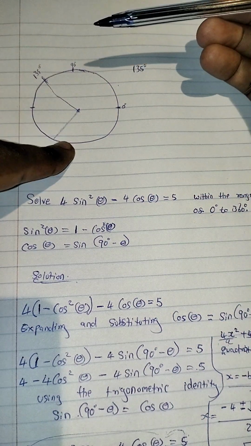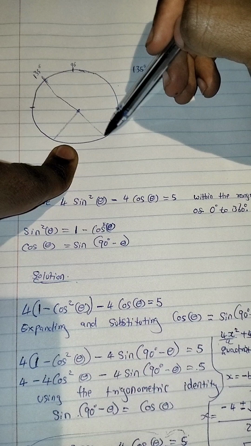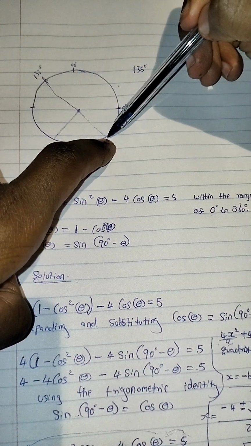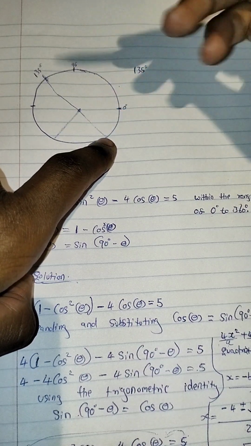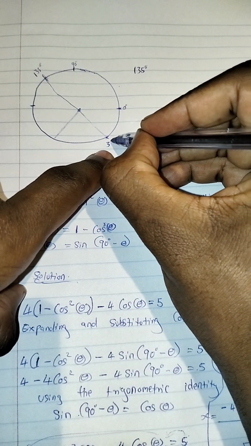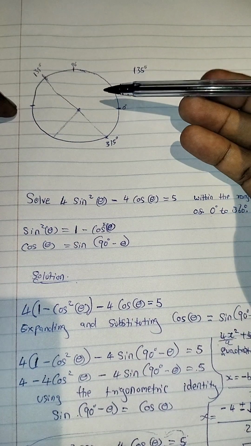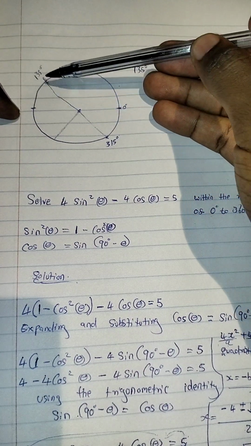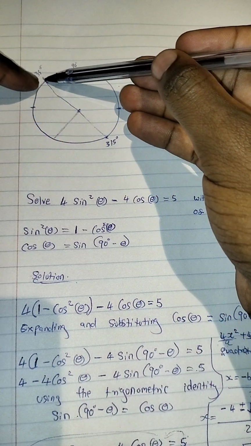Which is the same as saying, if I was to split it until here, that would be my 180 degrees. So if this gives me my 180 degrees from this position to here, then this position here, Lana, would be my 315 degrees. As I told you, this would not be my 380, but I would add 180 from this position.